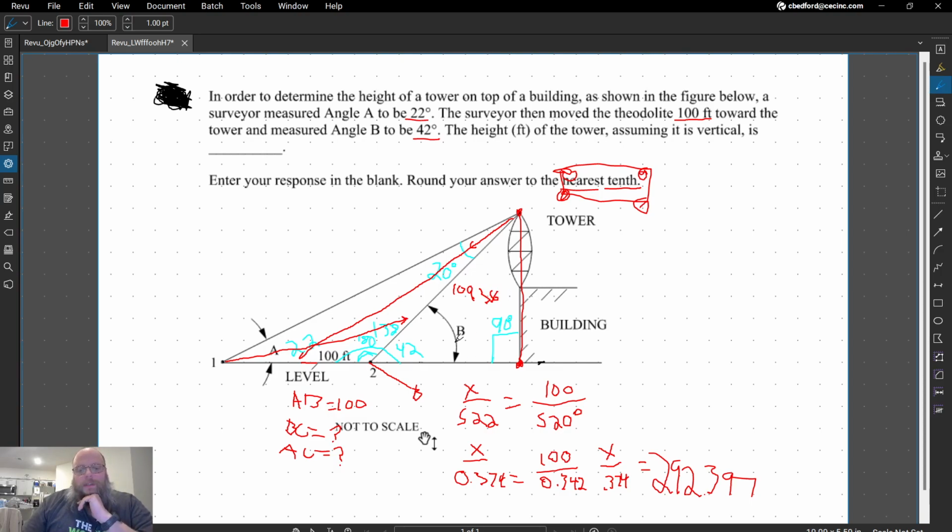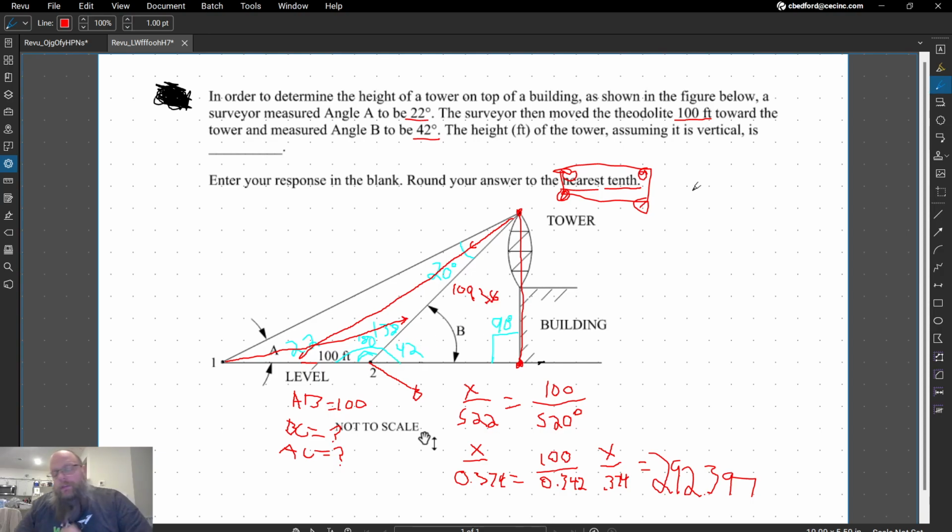All right, so now it's easy, right? All we've got to do now is SOHCAHTOA. We've got the line opposite of our 90-degree angle is going to be our hypotenuse, and we are looking for the distance that is opposite of this angle.